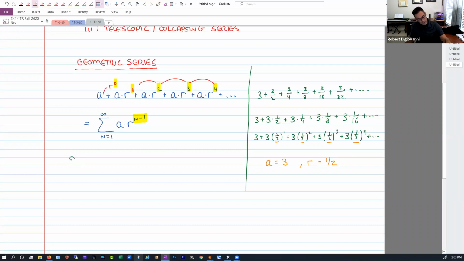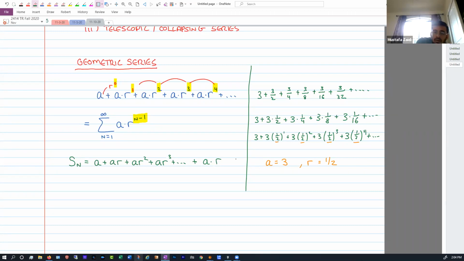Do you remember capital S was the sequence that we create when we add these up, right? So S sub n should be A plus A times R plus A times R squared plus A times R cubed plus dot, dot, dot, all the way until we actually stop here, A times R to the... you're going to have to tell me.